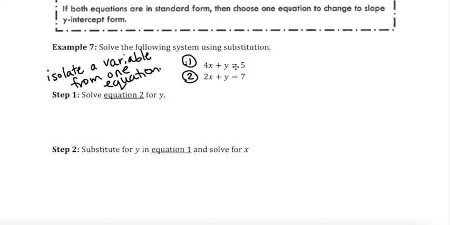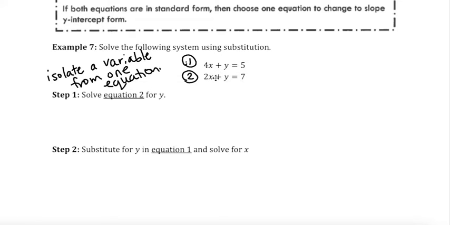I've just chosen equation 2, but you could easily do it for equation 1, because both of these coefficients in front of your y is a 1, or there's no number in front of your y, which makes it easy for us to isolate for either of these y's, because there's nothing for us then to have to go and divide by.